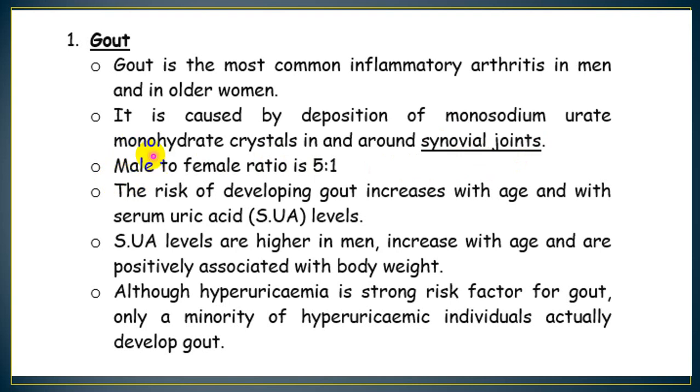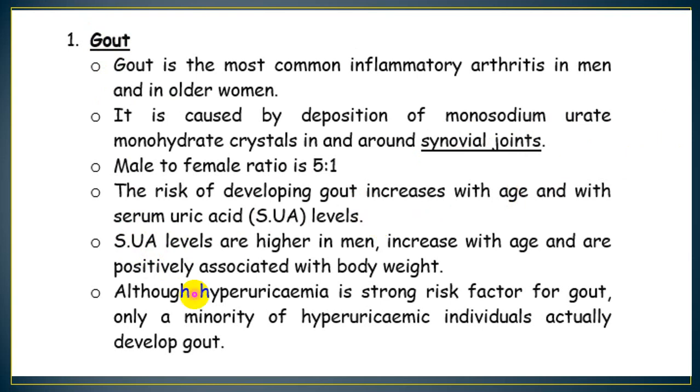Gout has male predominance with a male to female ratio of about 5:1, and it is usually more common with advanced age and increases in frequency over age. Another factor that increases the likelihood of developing gout is serum uric acid level. As we say, it is caused by monosodium urate. So uric acid level is the main predictor for development of gout in addition to age.